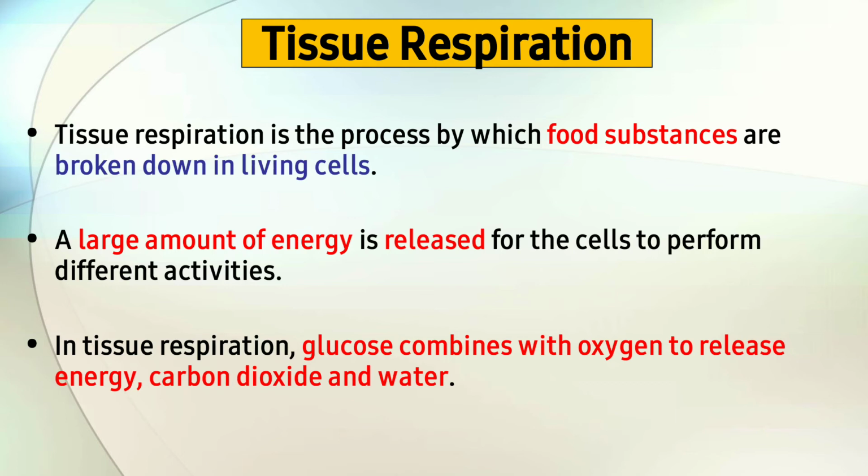What is meant by tissue respiration? Tissue respiration is the process by which food substances are broken down in living cells. It means the respiration occurs in the tissue itself.